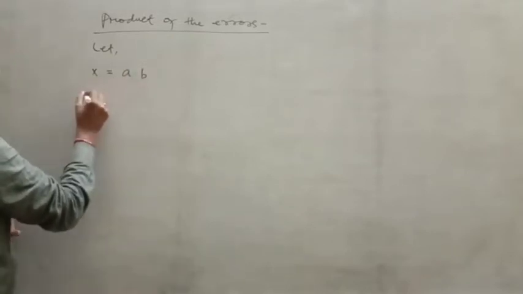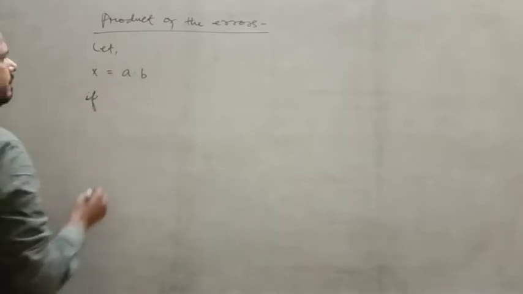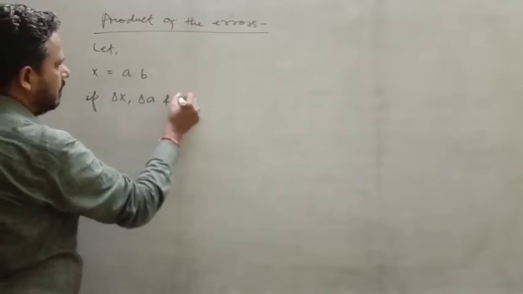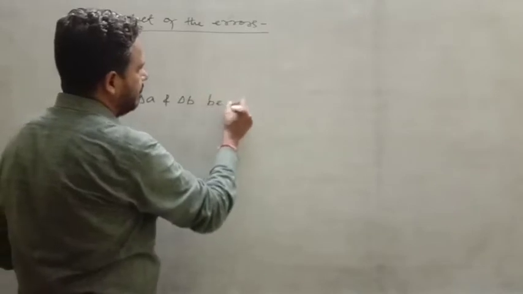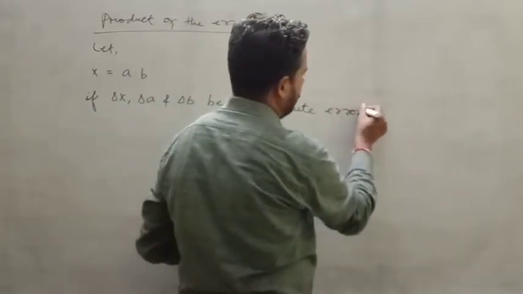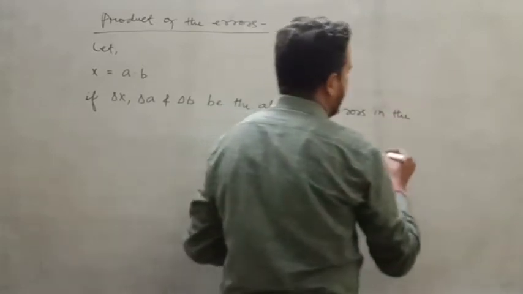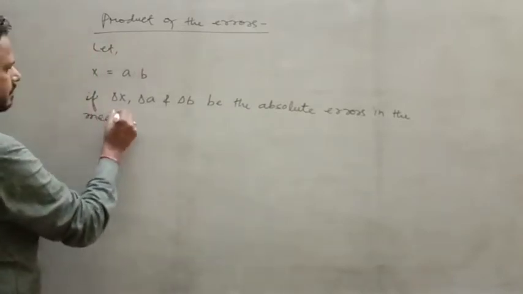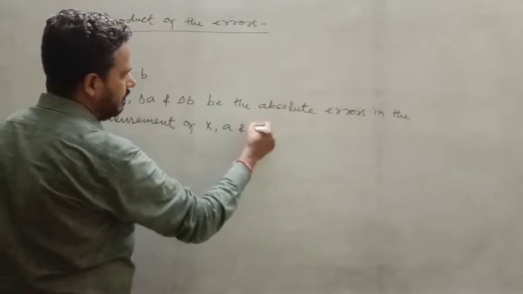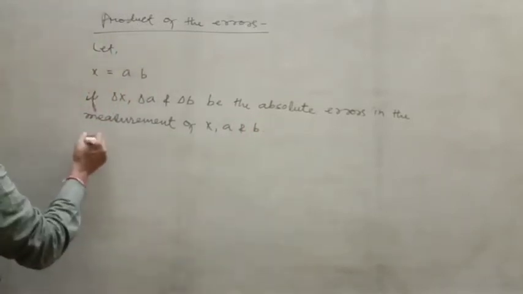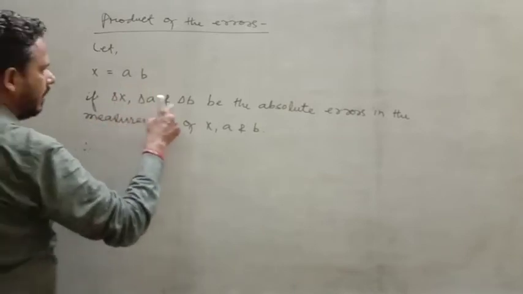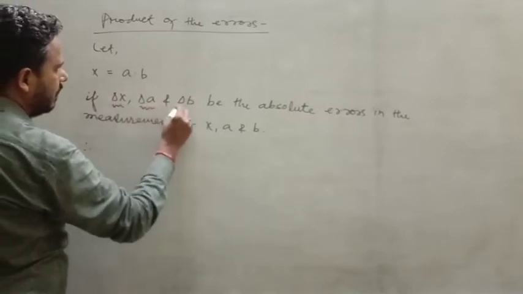Alright, so if delta x, delta a and delta b be the absolute errors in the measurement of x, a and b, therefore this one is your resultant of the product of the two measurements a and b, and delta x, delta a and delta b are the absolute errors.